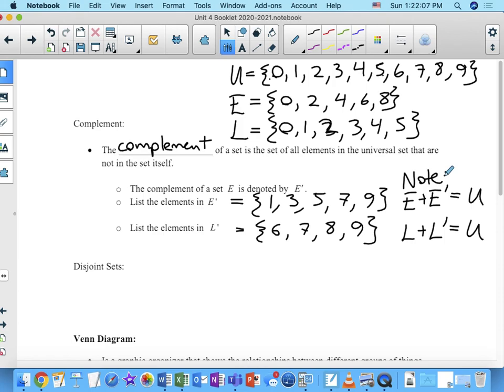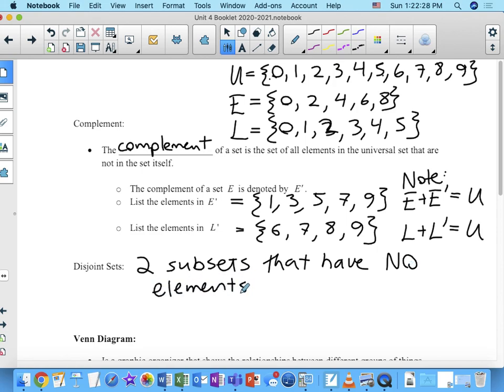Disjoint sets. Okay, disjoint sets are two subsets that have no elements in common. Okay, that share no elements.